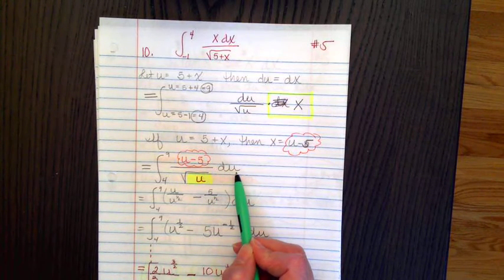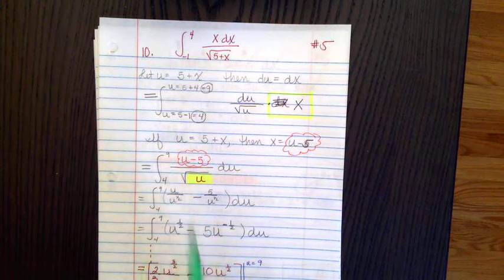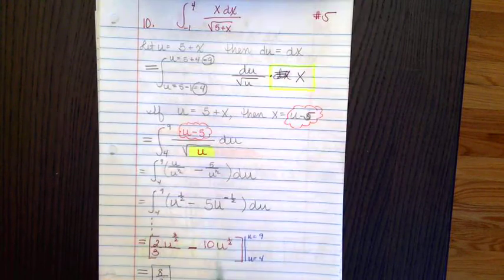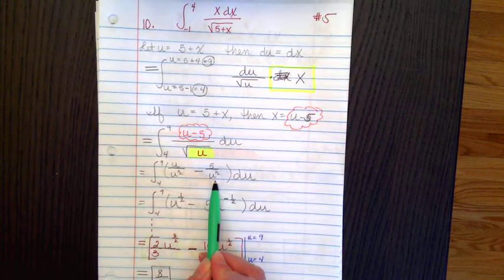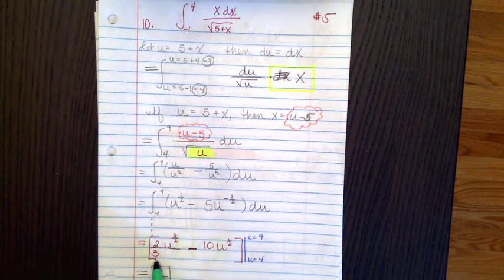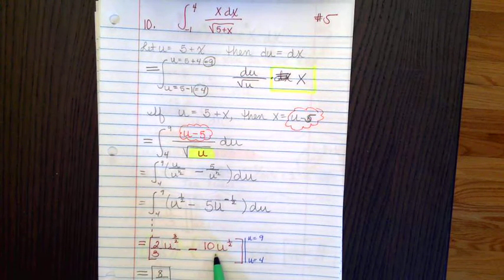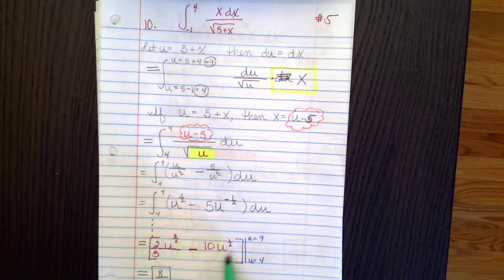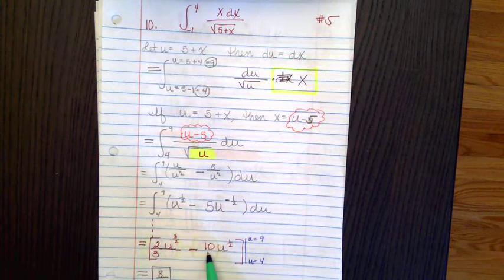Now it's just simplifying this, u over the square root of u, and integrating. When you integrate, you'd get u to the 3/2 over 3/2, which is the same thing as multiplying by 2/3, minus 5 times u to the negative 1/2 plus 1/2, which is u to the 1/2 over 1/2, the same as multiplying by 2. So 5 times 2 gives us 10.